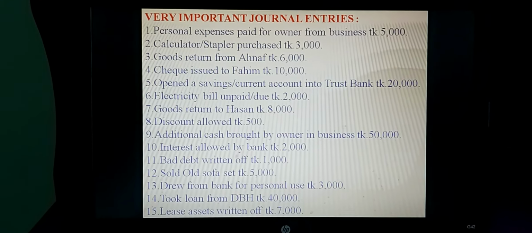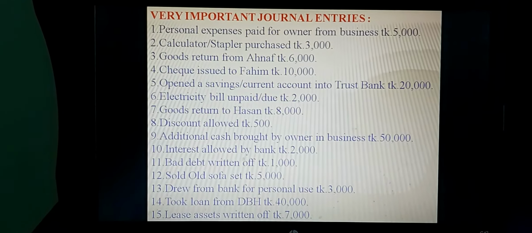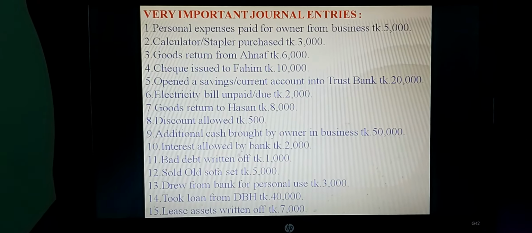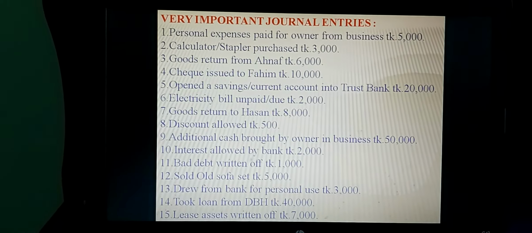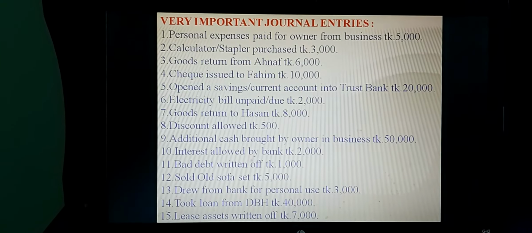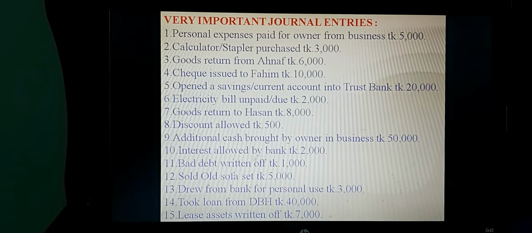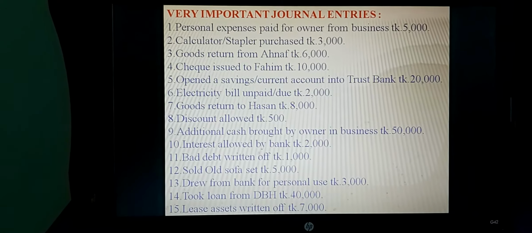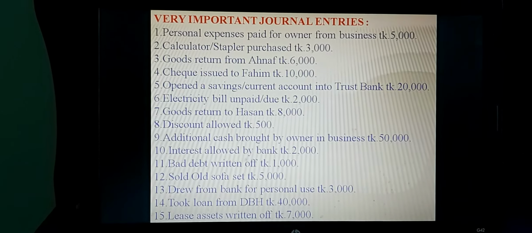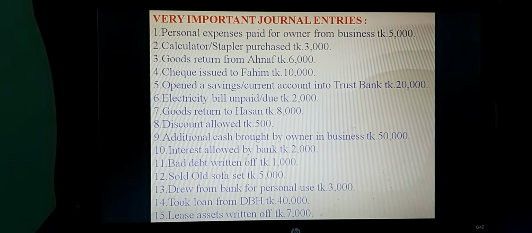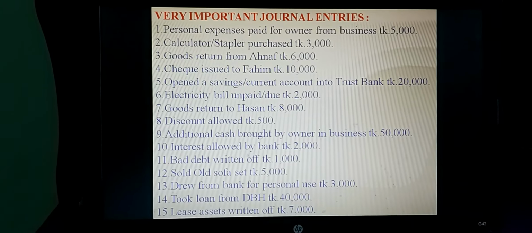Okay, next one, 10, interest allowed by bank or interest given by bank. Interest allowed, that is one kind of revenue in this transaction by bank. When bank gives interest, then business bank account is increased.